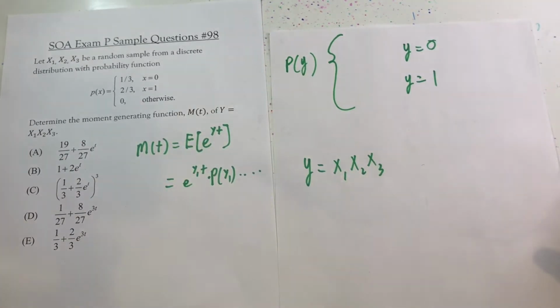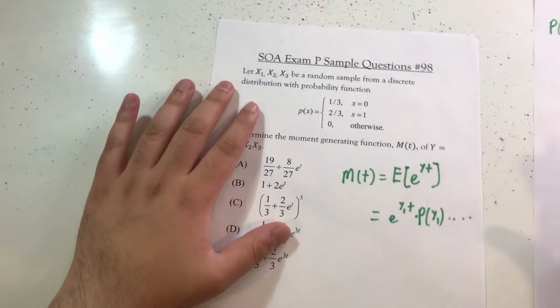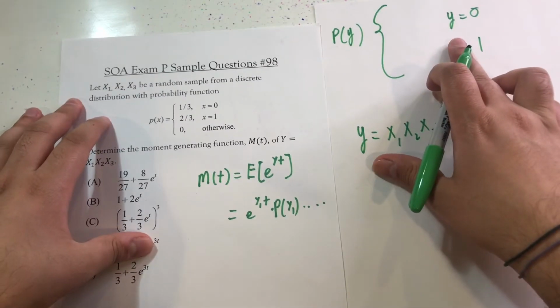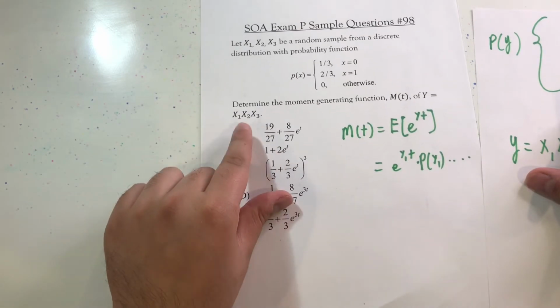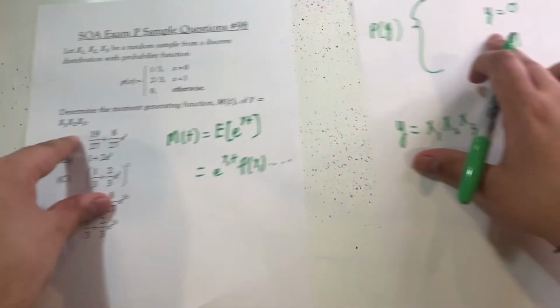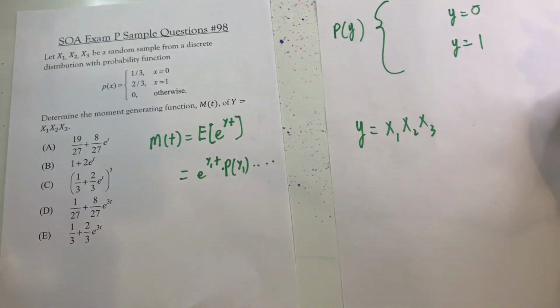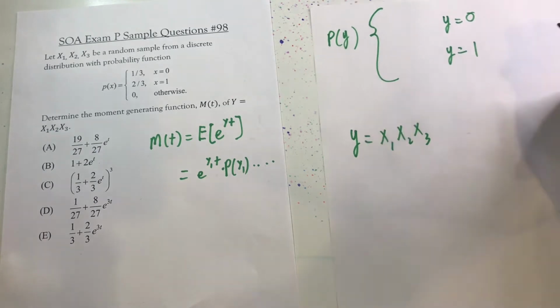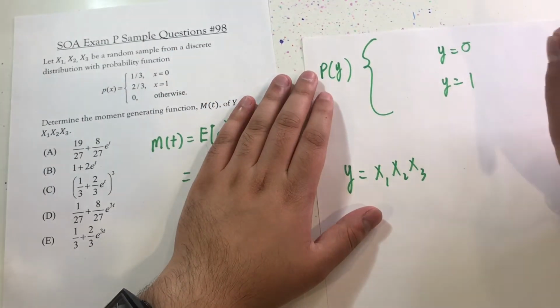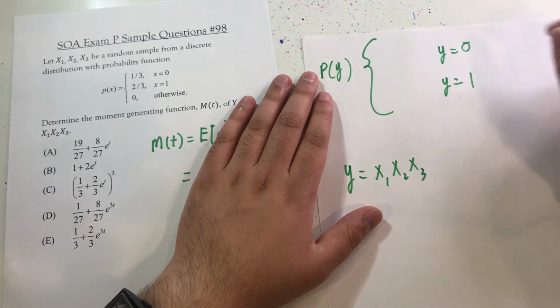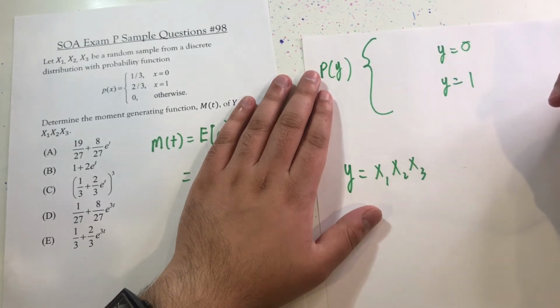Now we have to figure out the probabilities of these. The probability that Y equals 0 would be if any one of these equals 0, and it's not just all of them being 0. You could have any mix combination, and that looks like a binomial distribution. You could use that to figure out this actual probability. However, there's an easier way. Let's skip this for now and look at Y equals 1.